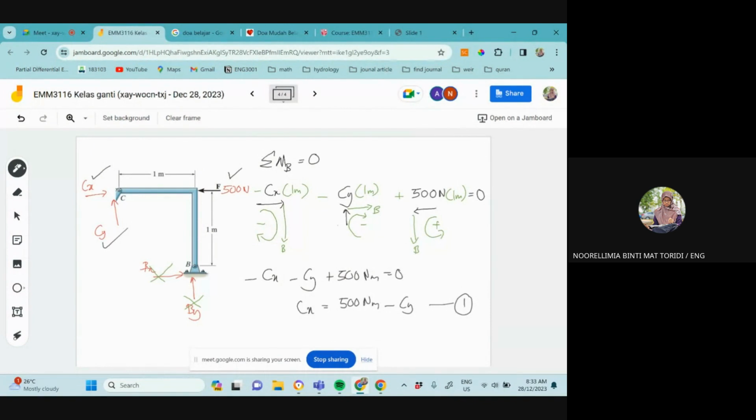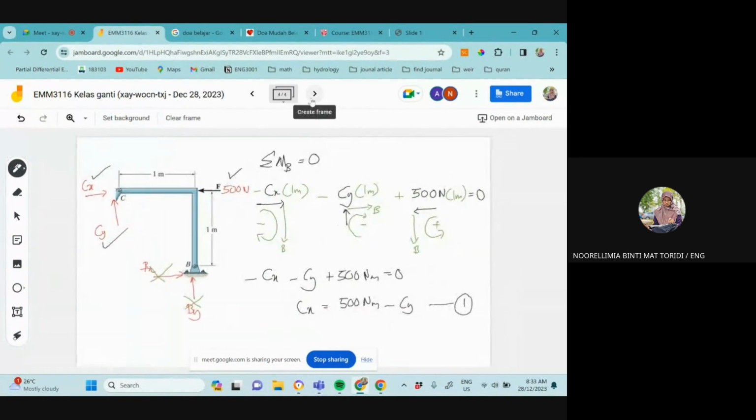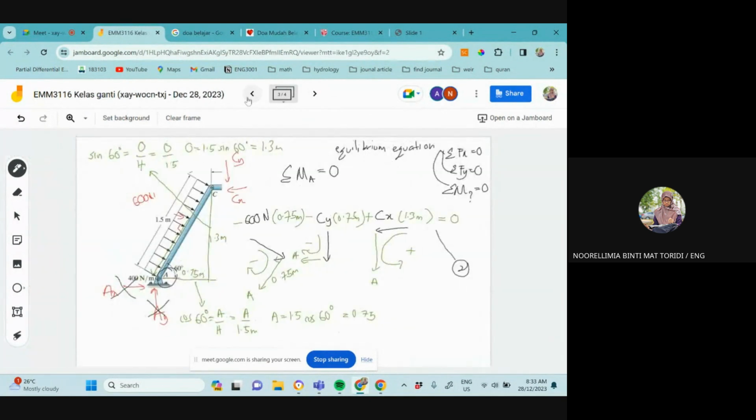And then this one we make it as equation 2. Simply after simplify lah. Dan memasukkan that apa tadi? This Cx, the equation of Cx into the here Cx. Then we will get what is Cy.